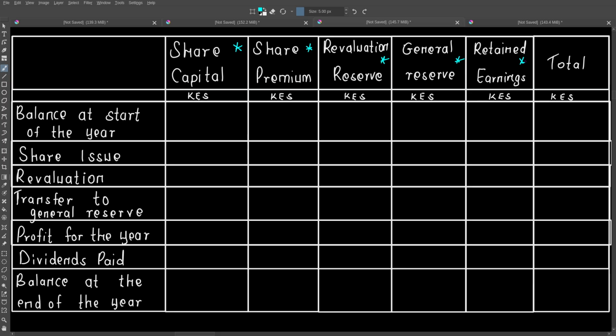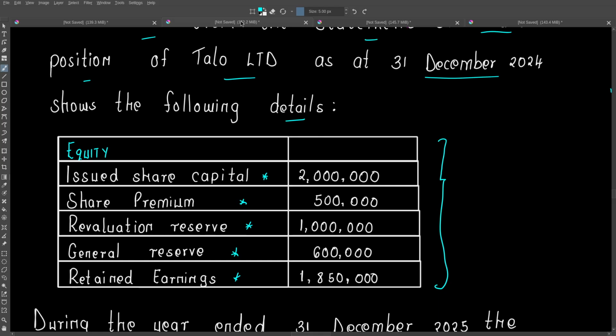And then the first thing will be the balances at the beginning of the period. These are basically the opening balances. And now you will come to understand that this is the reason why you are given this extract from 31st December 2024, because these are the opening balances in the period of January 2025.